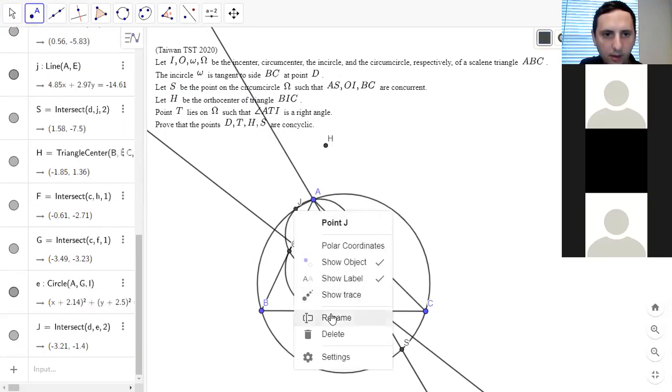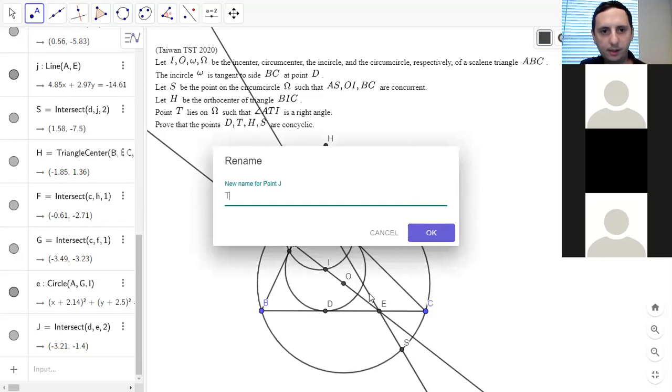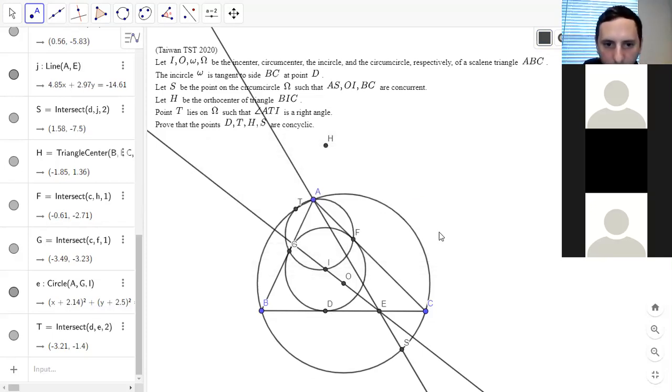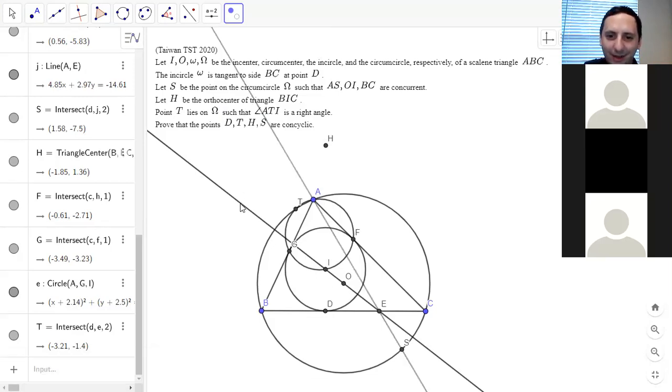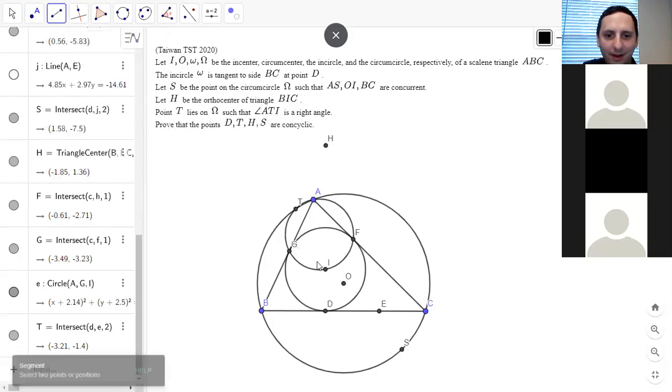So this is T. We want to show that D, T, H, and S are cyclic. Interesting. Oh, the point H has a lot of properties. Yeah, I know I've seen it before in problems. You probably know more of the properties than I do, but I would not be surprised by that.